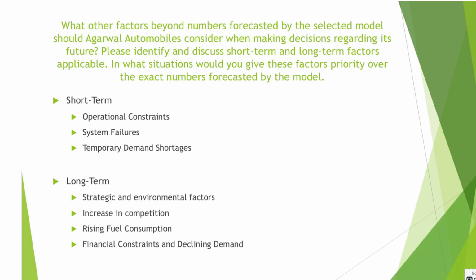Also, the risk of occasional system failures for order placement means having to maintain a safety stock to prevent stockouts. There may be temporary demand surges due to festivals, local events, or a sudden price change that can affect the statistical forecast, making it inaccurate, requiring managerial intervention.